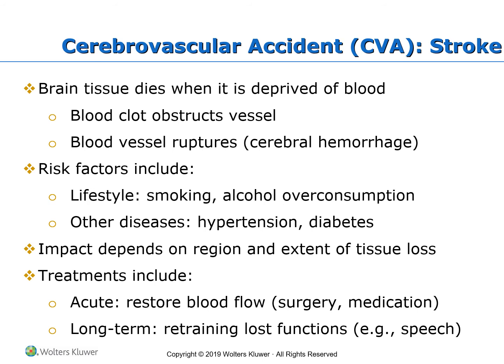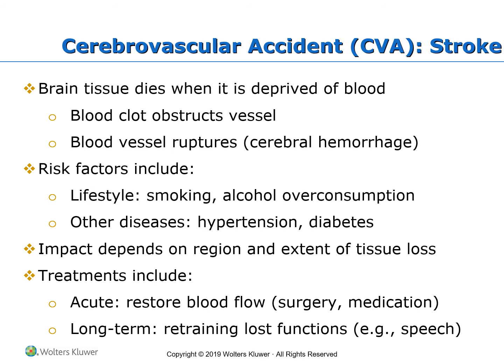Besides paralysis, which is the inability to move the limbs, another complication of stroke is called aphasia. A means without, and phasia means language. It's a loss of or a defect in language communication.